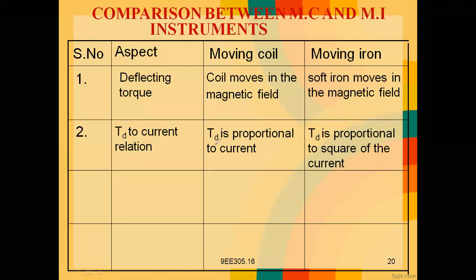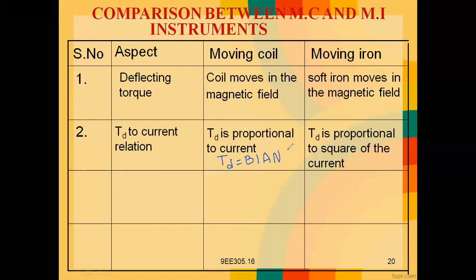Our deflection torque, I'll write it in blue. So the formula for deflection torque was flux density, current carried by the coil, surface area of the rectangular former, and the number of turns of the coil.